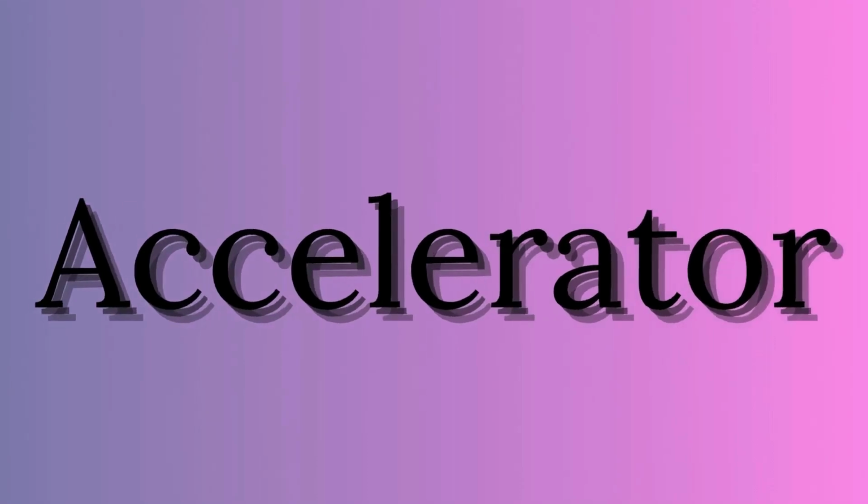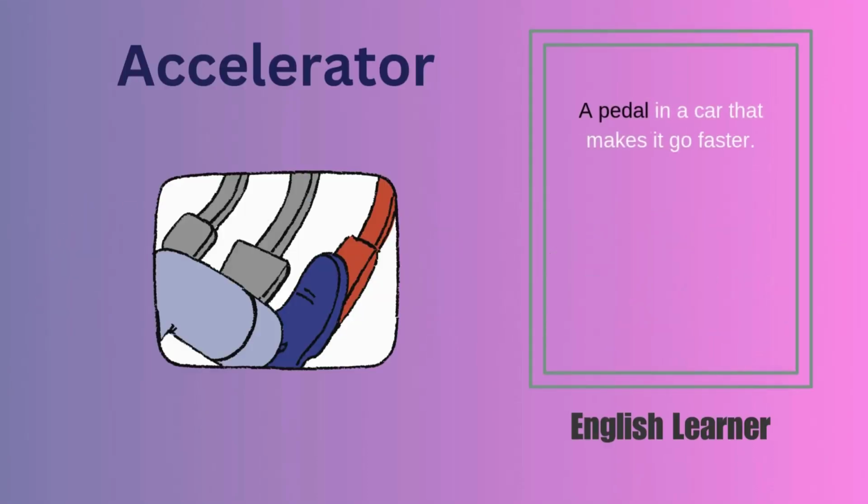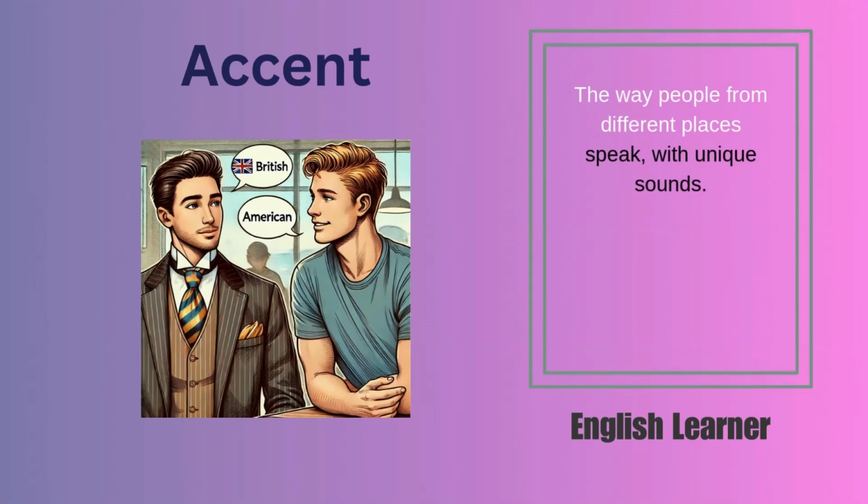Accelerator. A pedal in a car that makes it go faster. Example. She pressed the accelerator, and the car sped up. Accent. The way people from different places speak, with unique sounds. Example. His British accent made him sound different from his American friend.